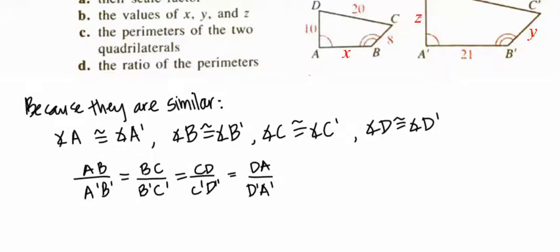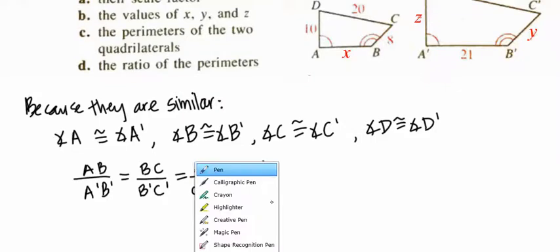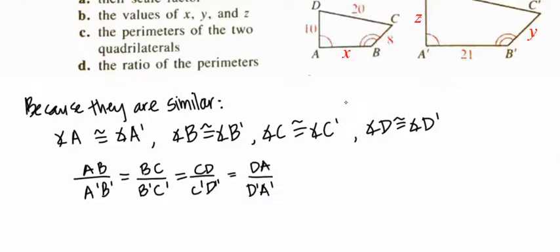And we want to know what their scale factor is. So what I'm going to do is fill in everything I know. I've got AB is labeled X. A prime B prime is 21.